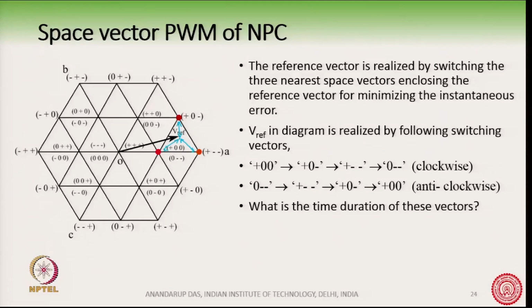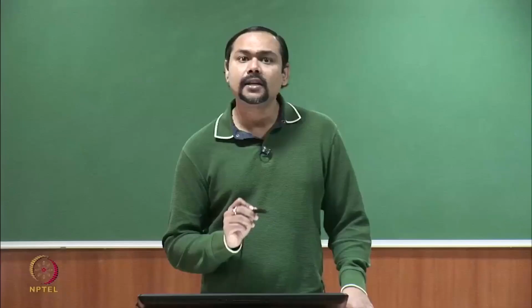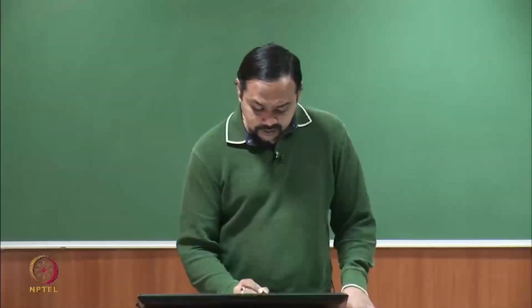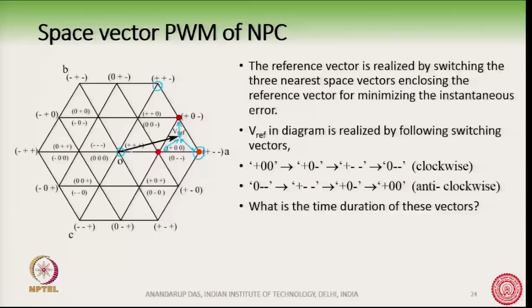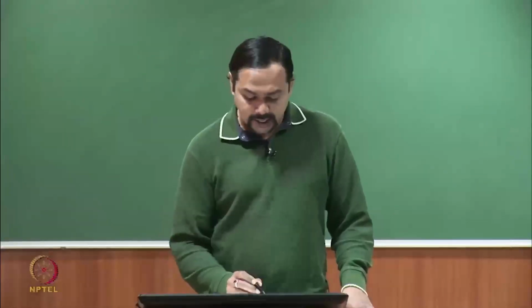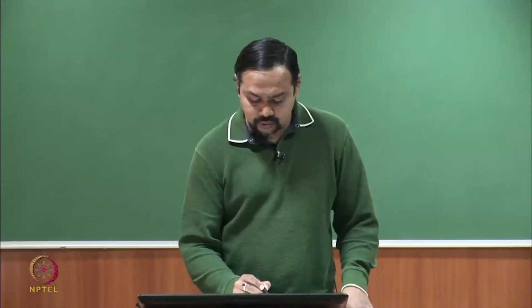So, we could have also switched this vector and this vector. We could have also done like that. However, if we had chosen these three vectors, you can readily understand that the instantaneous error between Vref and the vectors which we are switching will be much more as compared to the case I have shown here.